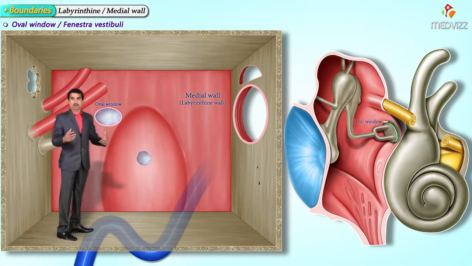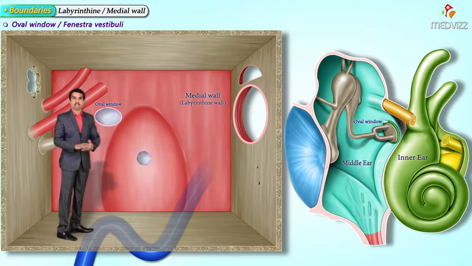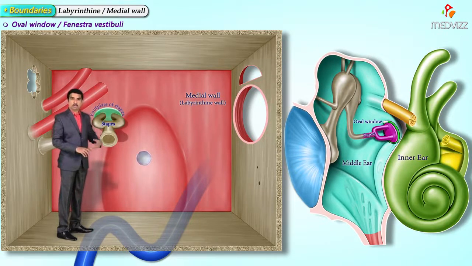The oval window is the intersection of the middle ear with the inner ear, and it is directly contacted by the stapes because it is covered by the footplate of the stapes. So this is what we need to know about the round window and the oval window.